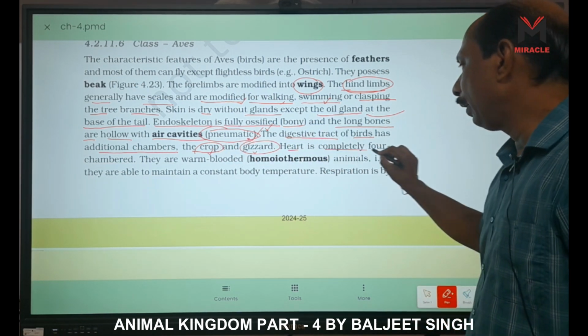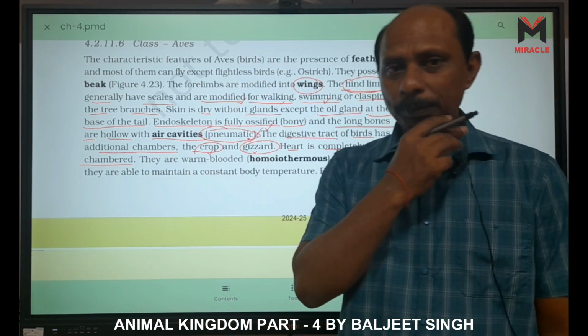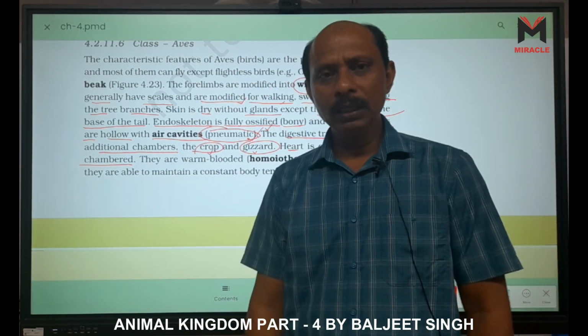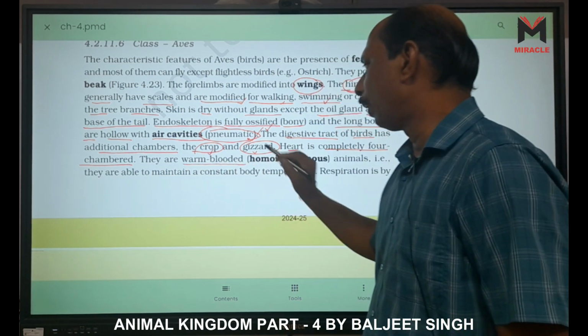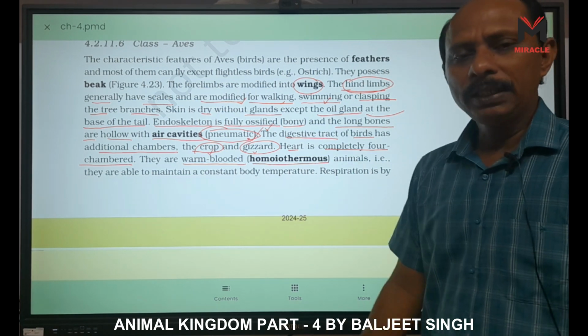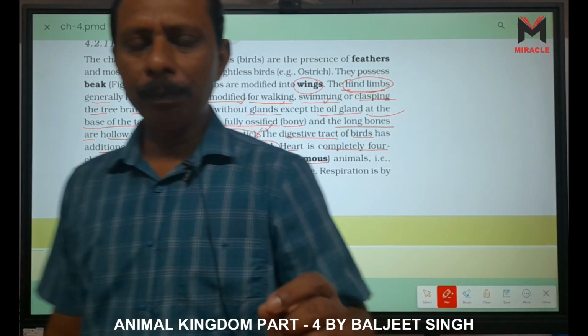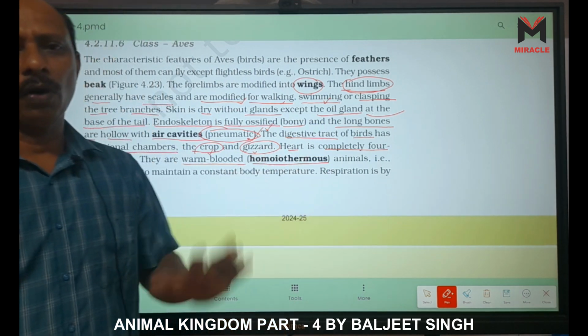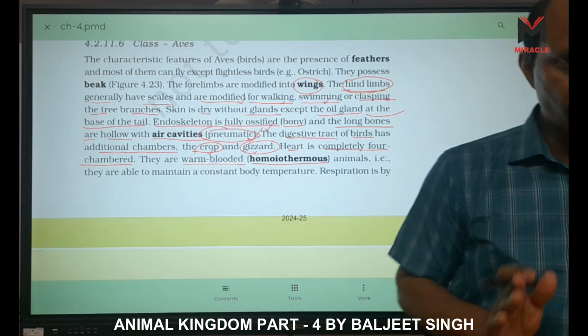The heart is completely four-chambered, as in crocodiles. All aves have a four-chambered heart, and the mammalian heart is also four-chambered. They are warm-blooded, called homeothermous, meaning they can regulate their body temperature at a constant level. Their body temperature does not change according to the surroundings.